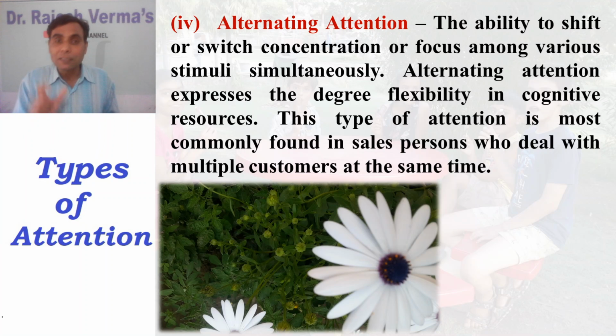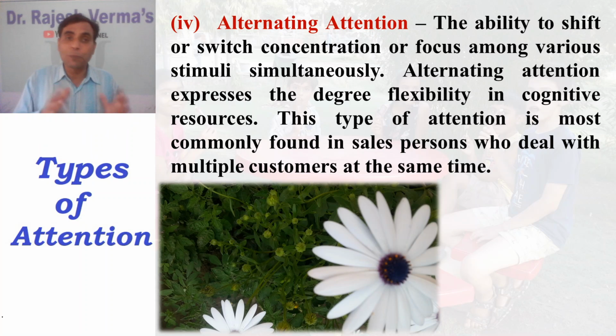Divided attention means you are simultaneously focusing your attention on more than one stimulus, whereas alternating attention means you are shifting your focus or concentration among various stimuli. Means first you are shifting here, then to the second one, then the third one, then again changing, alternating. So this is alternating attention.